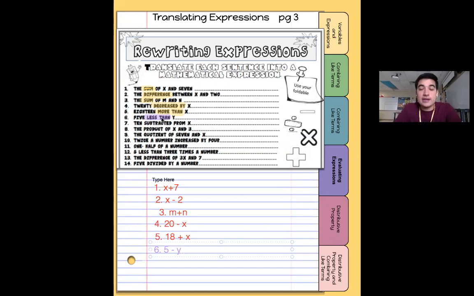When you have a phrase like less than, it means you have to flip. You have to flip it. What that means is instead of 5 minus y, when we flip it, it changes to y minus 5, okay? That's the proper answer, y minus 5. Let me highlight that. This is the right answer. We have to flip, okay? y minus 5. Every time you see less than, you got to flip, okay?